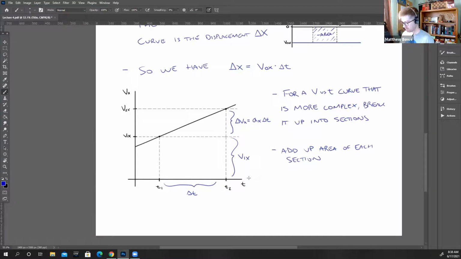The area under a curve is the displacement. That's what we're trying to find. So the displacement is the area under the curve. That's the rectangle, V1x times delta t. So that's this area. Plus area of a triangle.